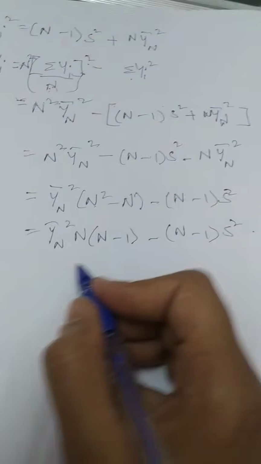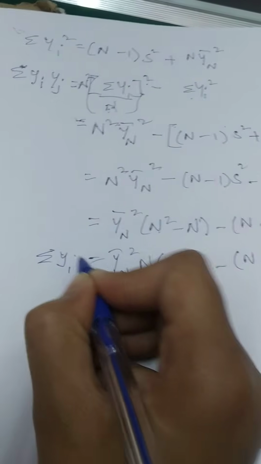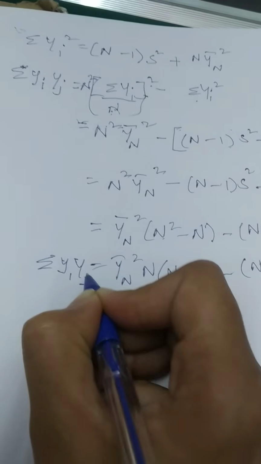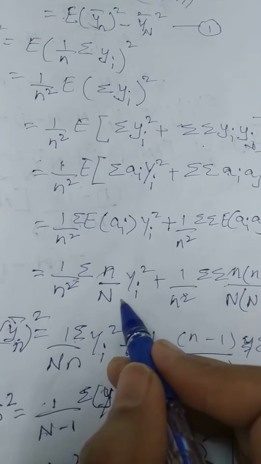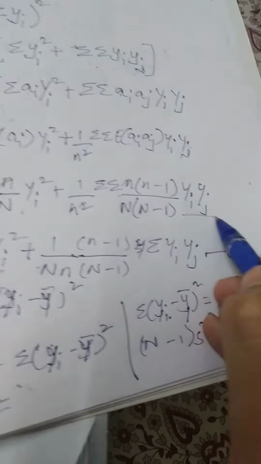After this, now I am going to substitute this capital Yi, capital Yj over here. This here in this place, and I will substitute this value, and in this place I will substitute this value.